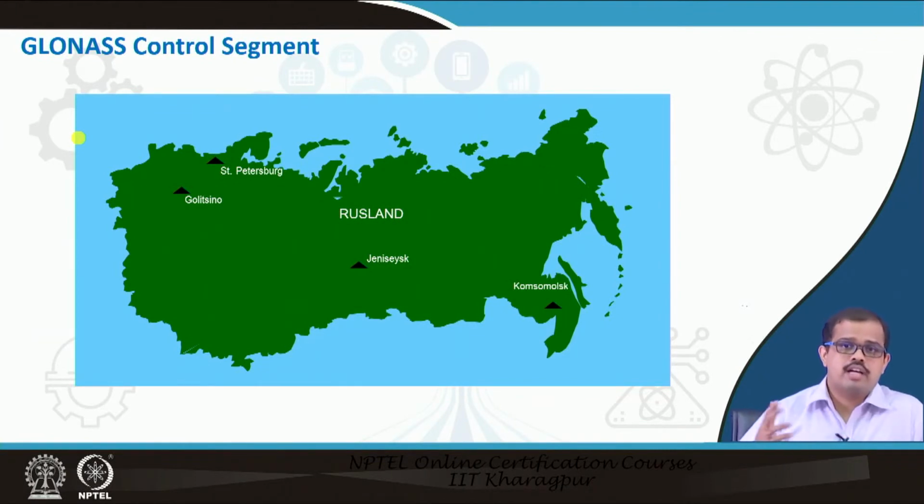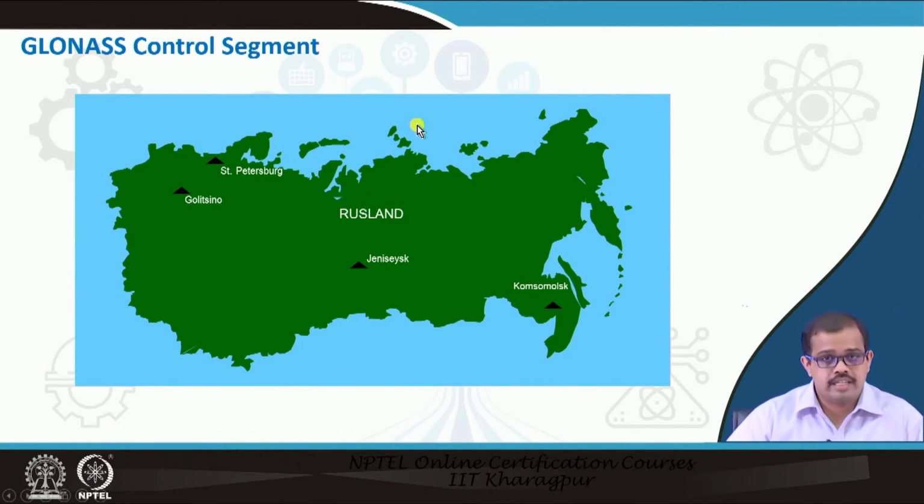The GLONASS control segment is basically located in Russia and not worldwide. They have 4 different control segments. Each of these control segments acts as a backbone in correcting the GLONASS services and providing them to the user. Many mobile phones use GLONASS today. With the 14 satellites, there is a good number of services available to the Indian subcontinent also.